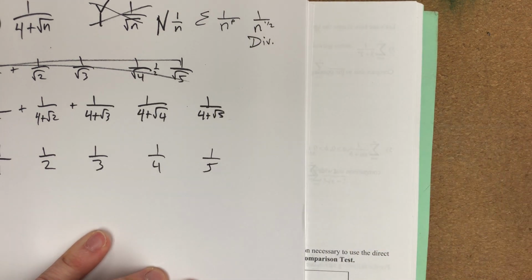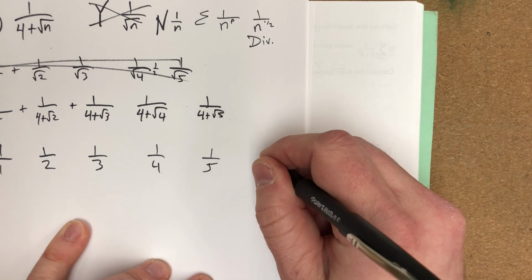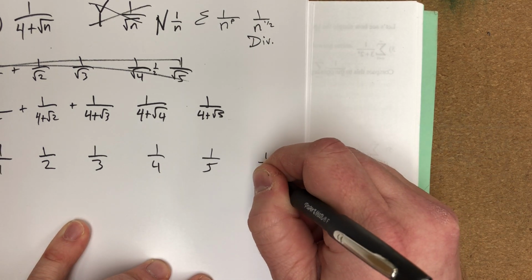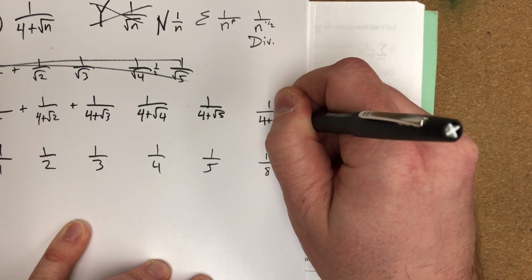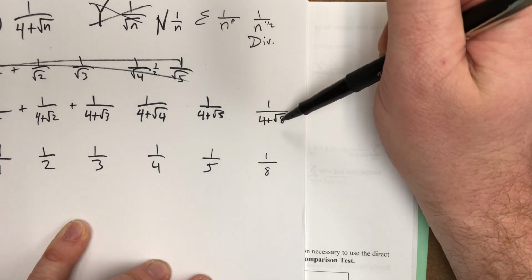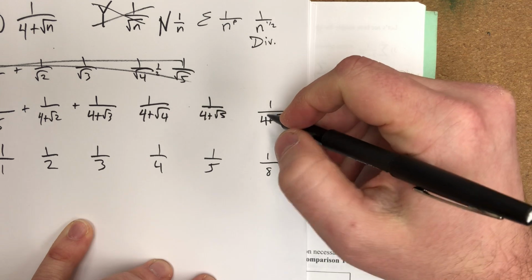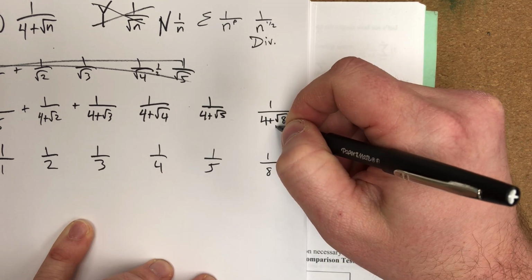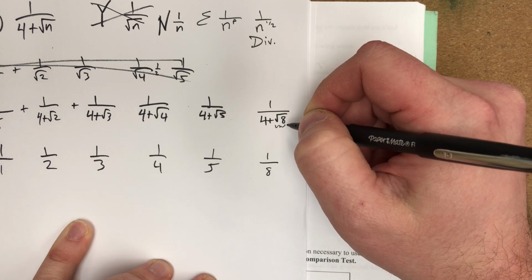Oh wait, I don't even need to skip to 1 over 100. Let's just skip to 1 over 8 and compare 1 over 8 to this. Right, because it's 1 over 4 plus root n. If you don't know, the square root of 8 is less than 3, because the square root of 9 is 3.